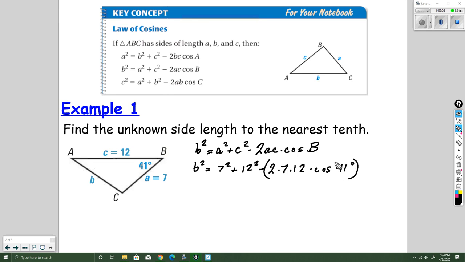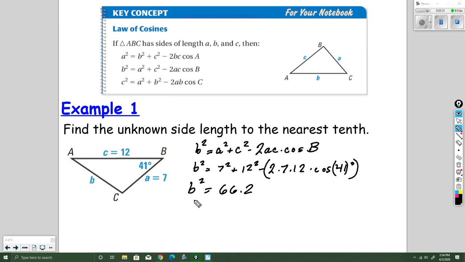As a forewarning, remember when we type in cosine in our calculator, it creates a set of parentheses for us. So we need to have two terminating sets of parentheses at the end here. So we have 7 squared plus 12 squared minus this whole quantity, and if we type that into the calculator, we get about 66.2.